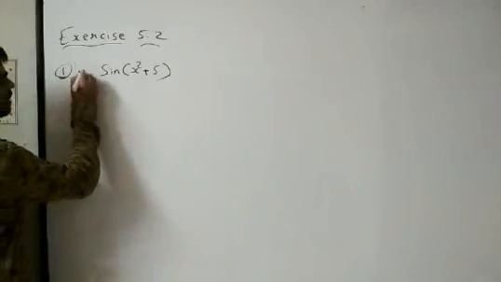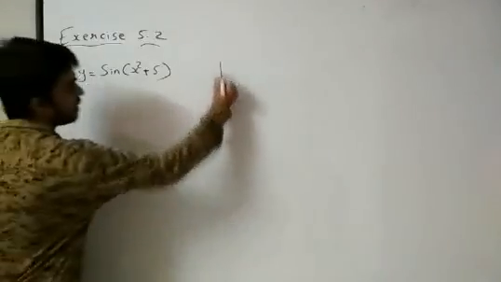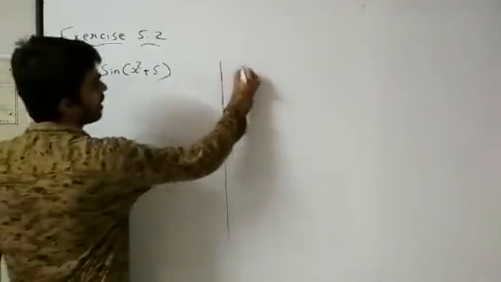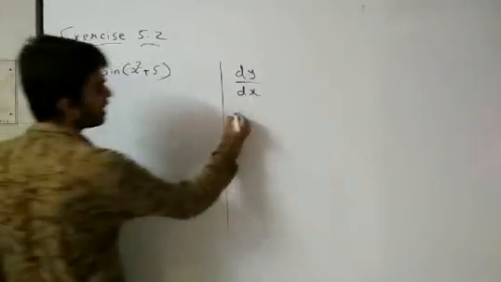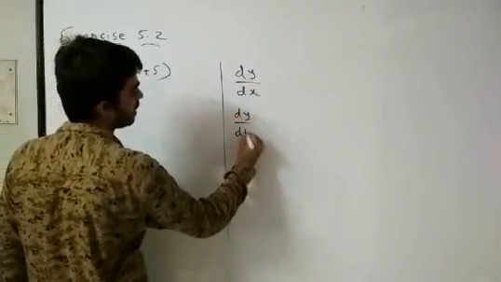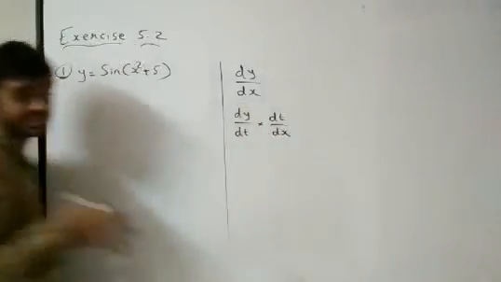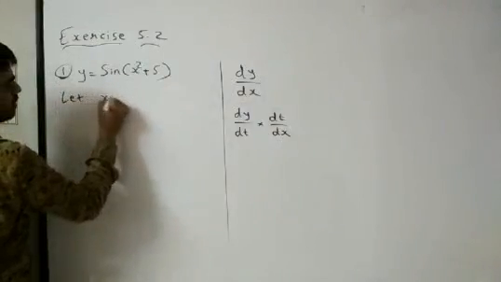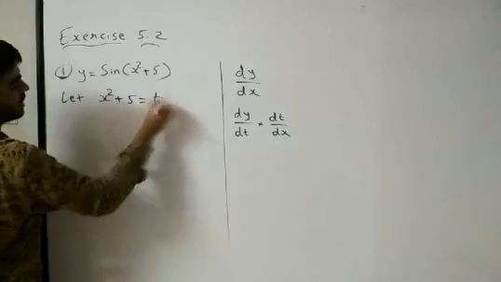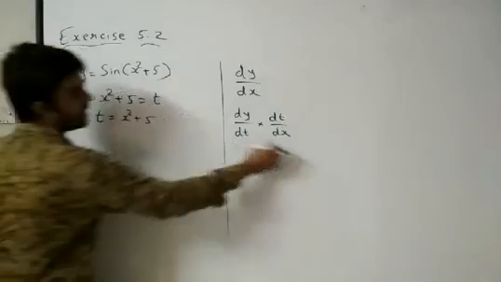First of all, we will assume let y is equal to whatever the question is given. Now we have to find dy by dx. So what we are doing in the chain rule, we are dividing this as dy by dt into dt by dx, because t we are assuming. So same way here, let x square plus 5 is equal to t, that means t is equal to x square plus 5. Now we want dt by dx.